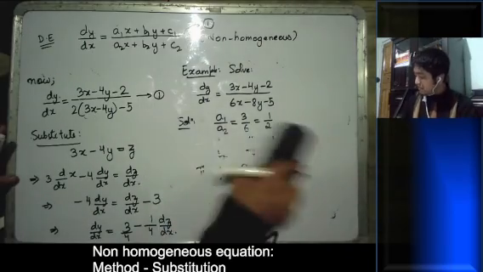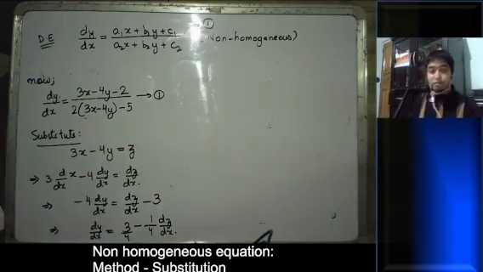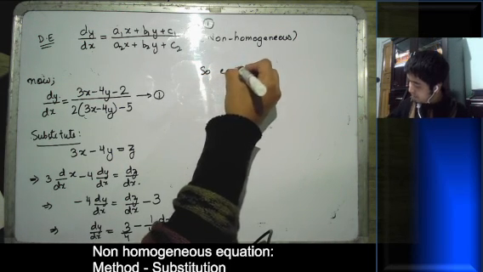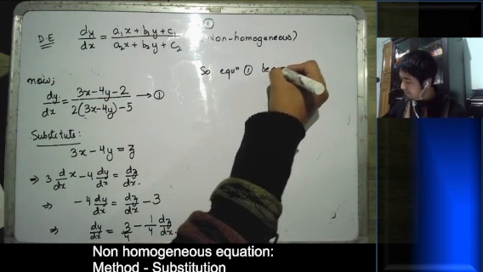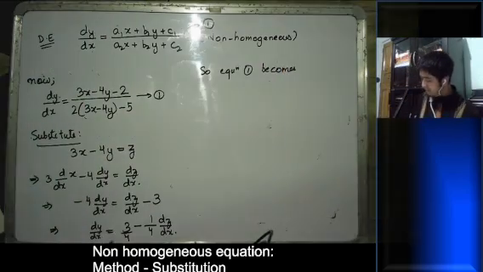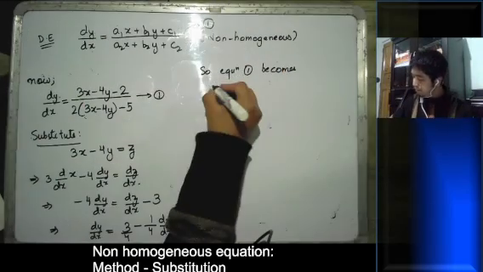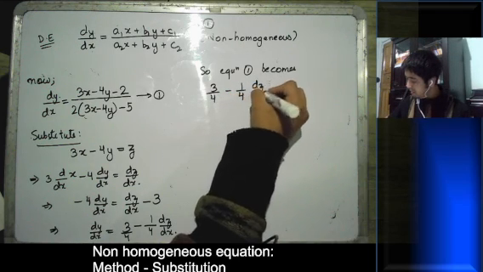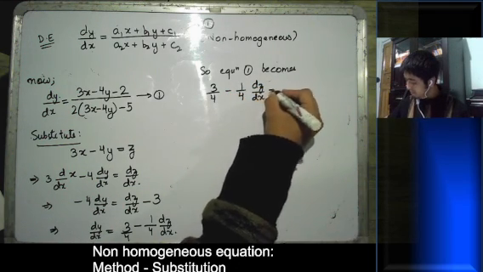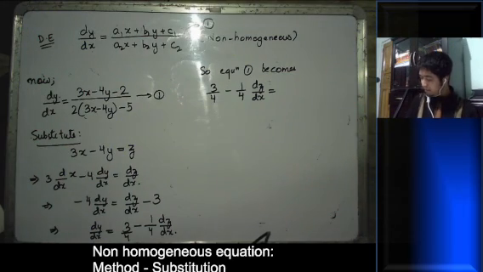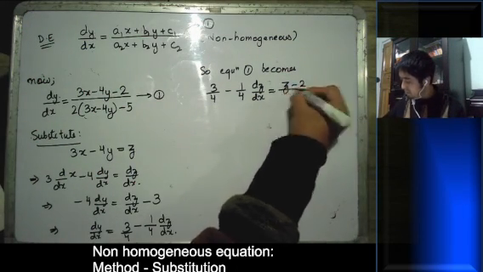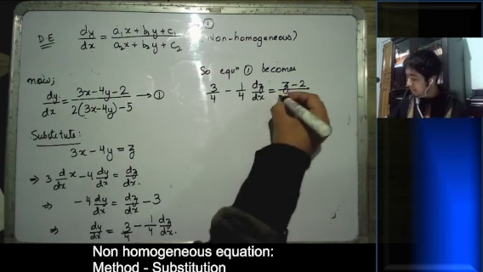Now substituted in that equation 1, you will be having this. So equation 1 becomes dy/dx, we can replace it with this new value, which is 3 by 4 minus 1 by 4 dz/dx, equal, this one has been replaced by z minus 2, and this one becomes 2z minus 5.